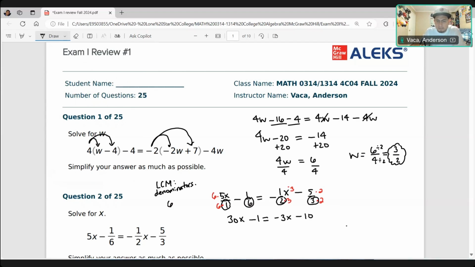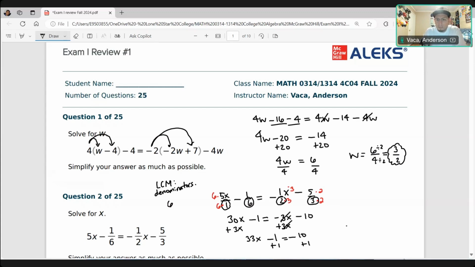All right, let's combine some like terms. Oh, nothing here, nothing here. There was nothing to combine on the left, nothing to combine on the right. So I prefer to put my x's on the left. It is a good practice. It is a common practice, but it's really helpful when we solve inequalities, okay? So I'm adding 3x. Here we get 33x minus 1 is equal to negative 10.